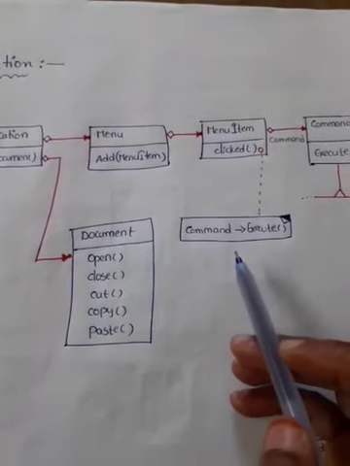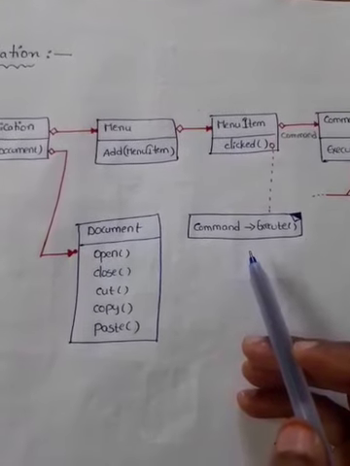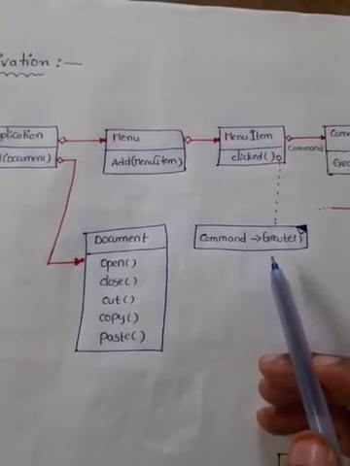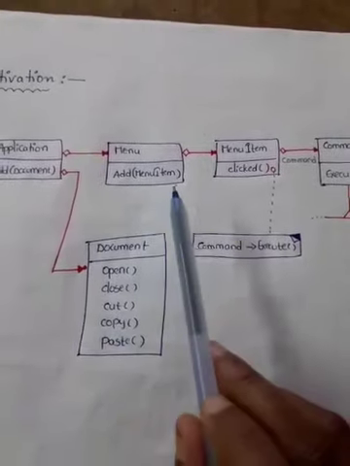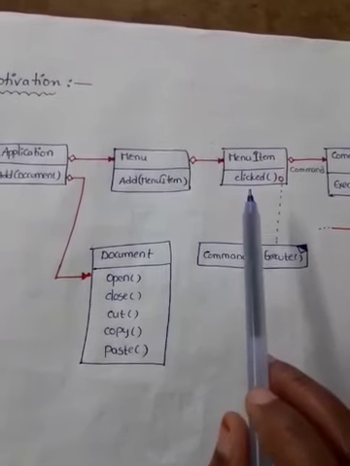For example, a user interface toolkit includes objects like button, menu, menu items.